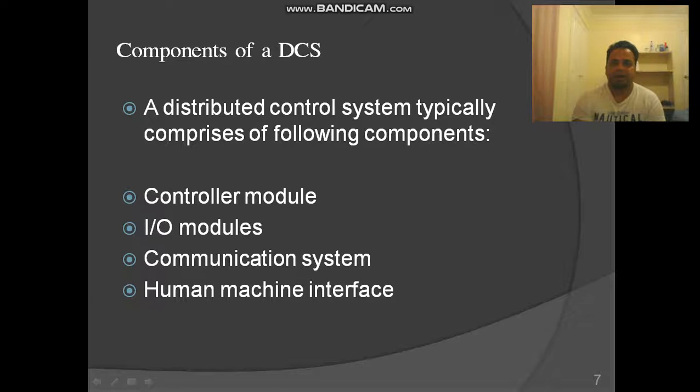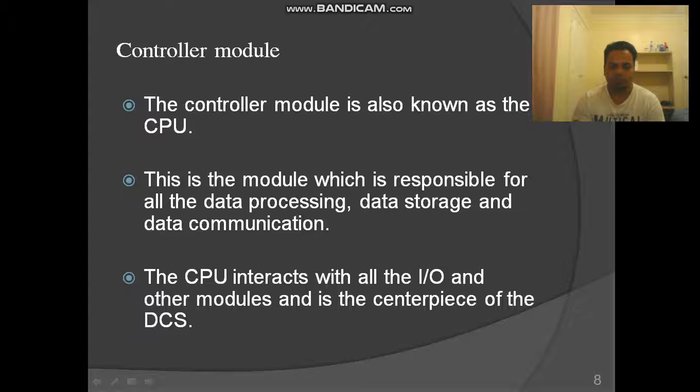The distributed control system comprises the following components: the controller module, the I/O modules, meaning input and output, the communication system, and the human machine interface. I'm going to tell you how they work.